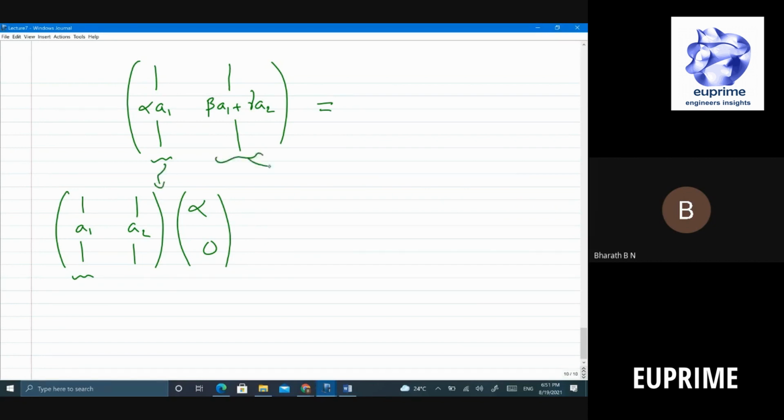What about the second column? What should I do? Again, I'll write it as A1, A2. What should I multiply so that I get this? I should select A1 but multiply it by beta, and I should select A2 but multiply by nu.